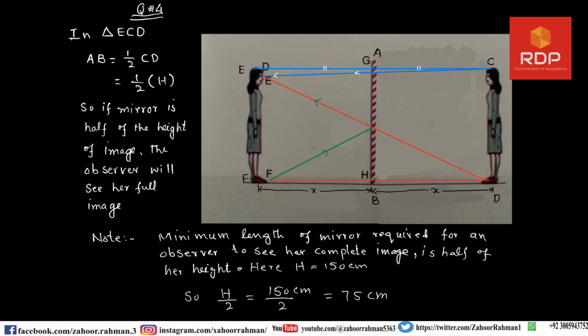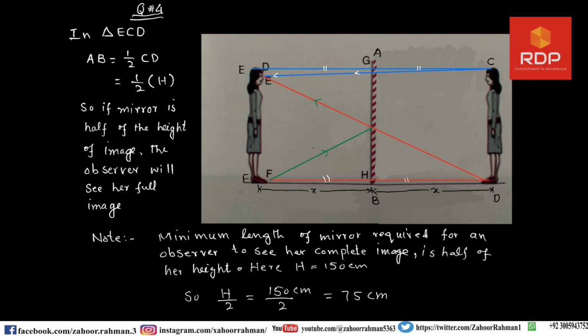The second part says a ray from the person's feet that enters the eyes. In each case, mark the angle of incidence and reflection at the mirror surface. So you can see that I made this red line. First you have to draw two lines going from the feet to the mirror and from the mirror to the feet, of equal size.